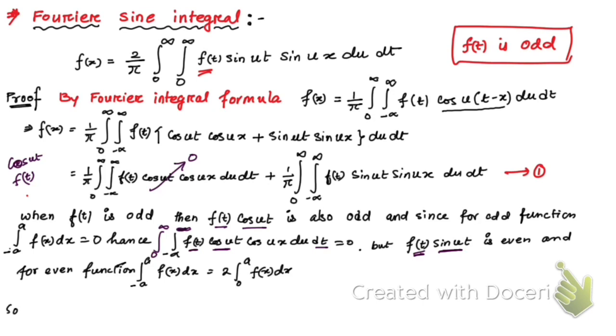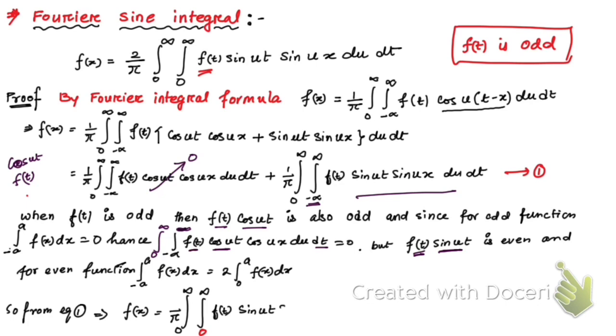If we apply this here, instead of minus infinity to plus infinity we are going to write 2 times 0 to infinity, right? So hope you have understood this. In that case, equation number 1 becomes this, and this is the sine integral, which is proved, right? So hope you have understood this.